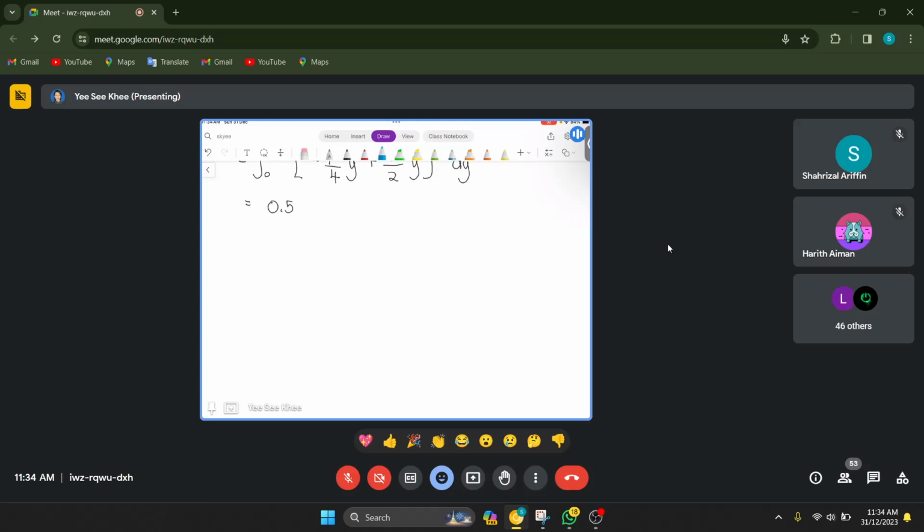Example 4.32, next page, page 175. So compute the flux of water.